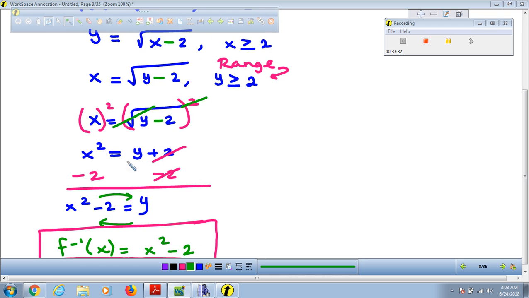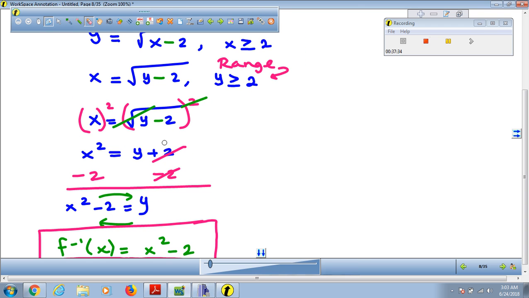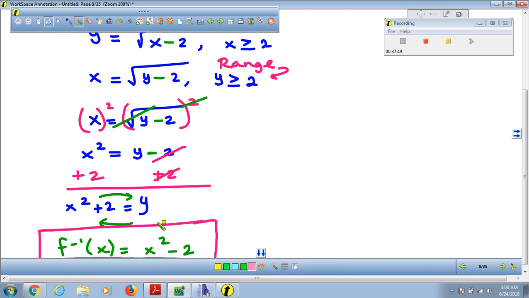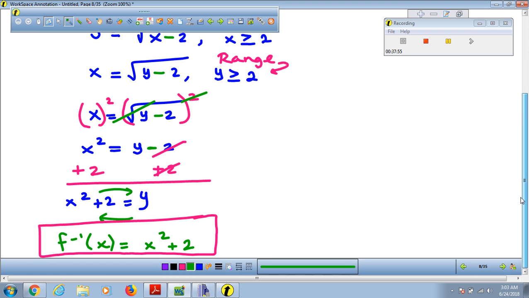So when I moved this positive 2, which was supposed to be a negative 2, this was supposed to be plus and plus, therefore this is a plus. So x squared plus 2 was the answer, not minus 2.